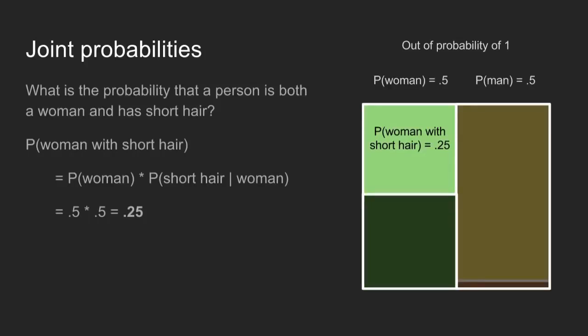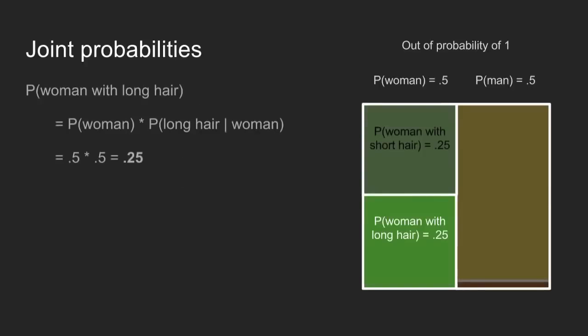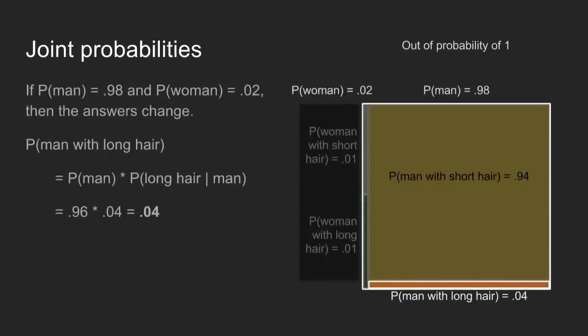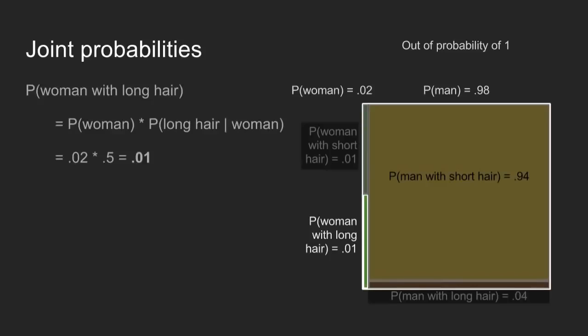So in this case, 0.5 times 0.5, we get 0.25, which is exactly what we knew it was going to be. And the same is true for all of our different conditions. We can do this for the men's restroom too. The probability that someone is a man and has long hair, 4%. Someone is a woman and has long hair, 1%.